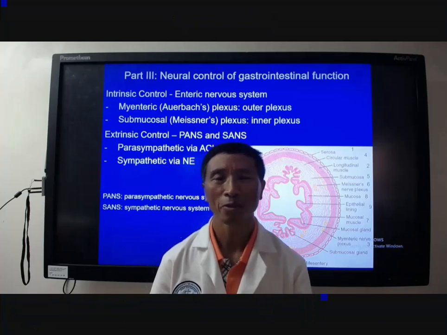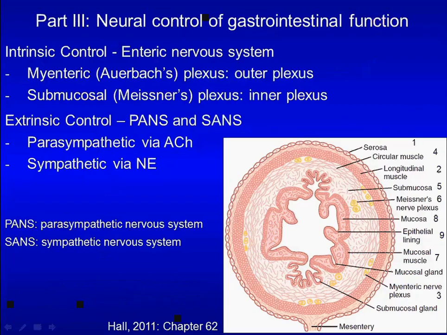Now, let's move to part 3. We will look at neural control of gastrointestinal function. Gastrointestinal function is controlled by autonomic nervous system. It can be subdivided into intrinsic control and extrinsic control. The intrinsic control is mediated by enteric nervous system, especially through two plexuses.